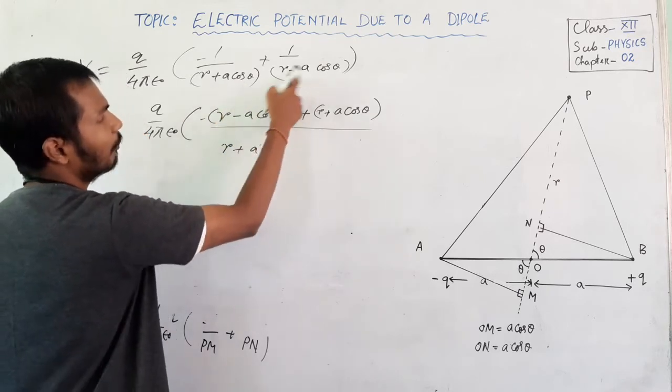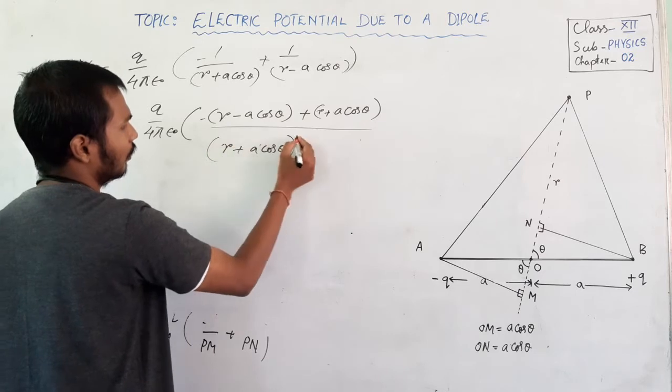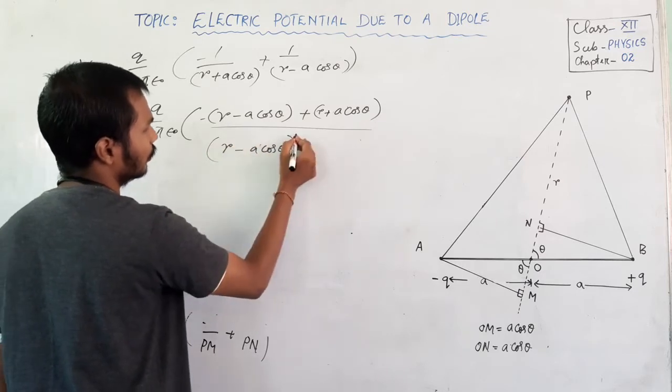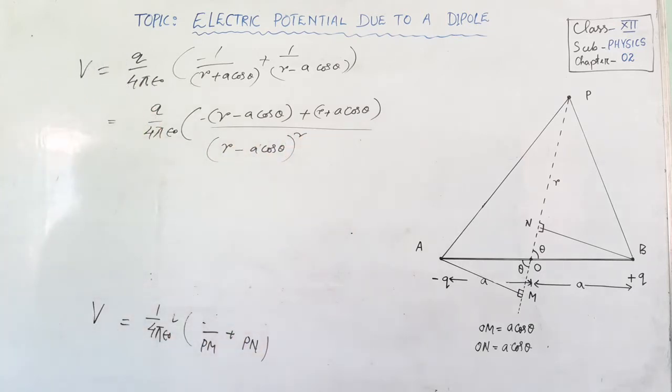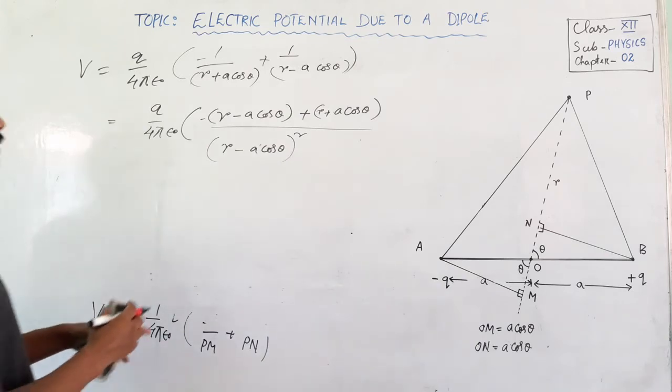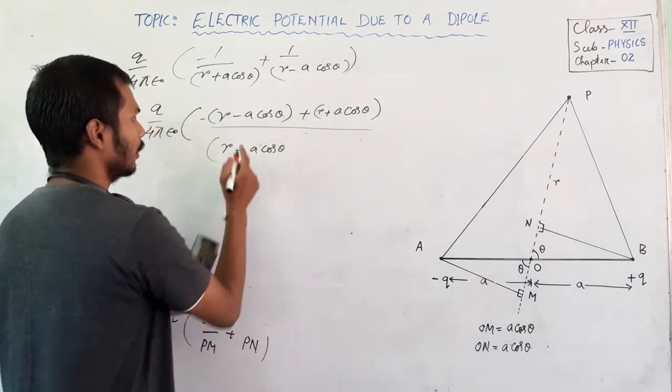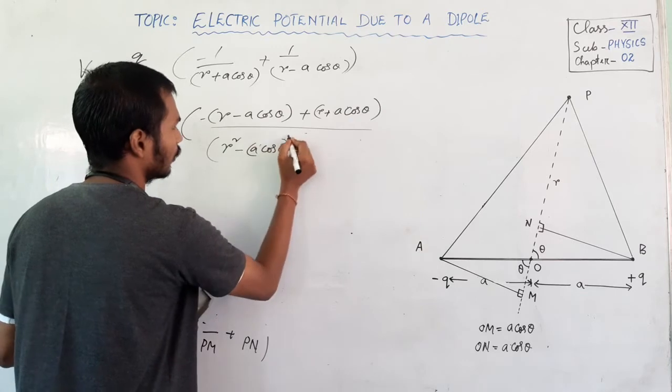A plus B into A minus B is A square minus B square.